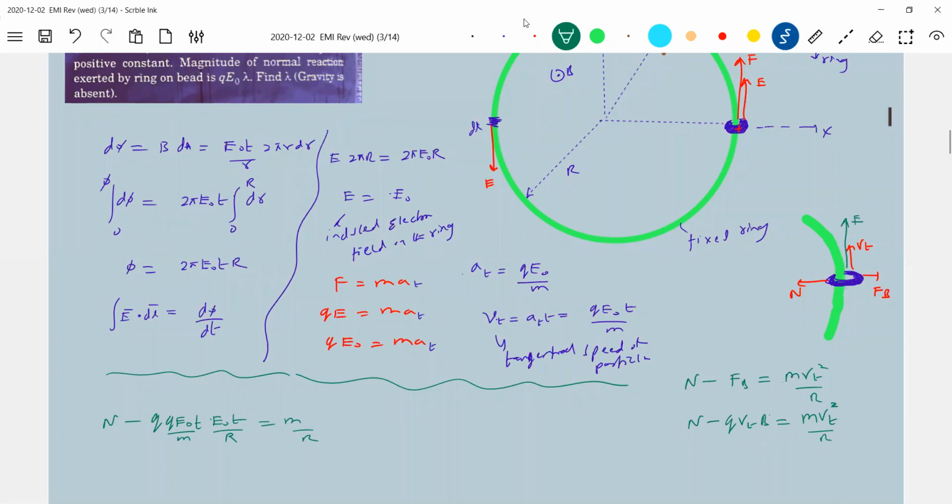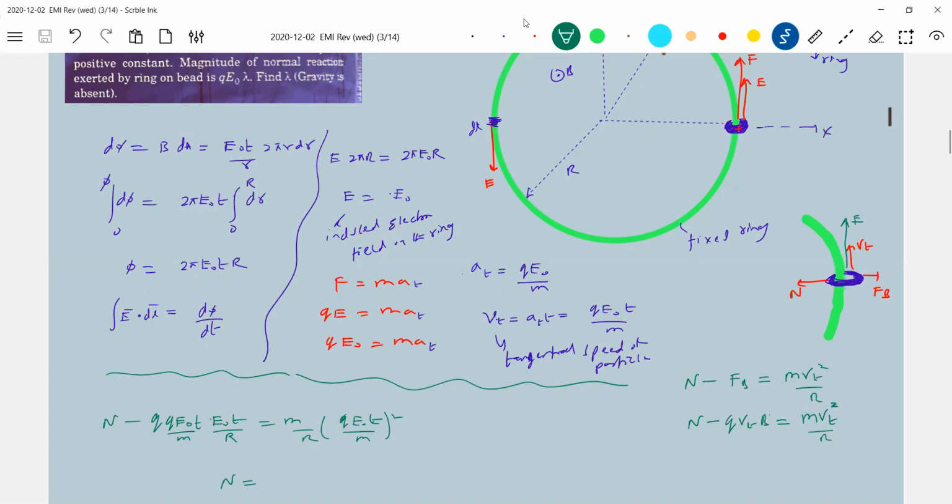I have to substitute the v t value, the tangential velocity q B naught t by m. So N equals 2 q squared B naught squared t squared by m, or 2 times of that it will come. Yes, sir, 2 times. Magnetic force, correct?